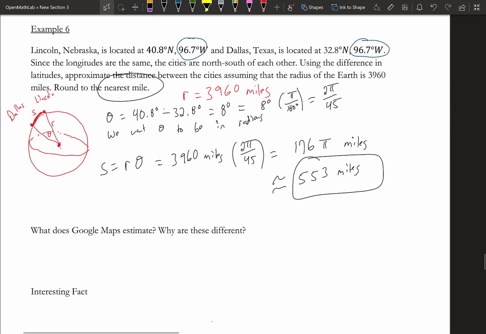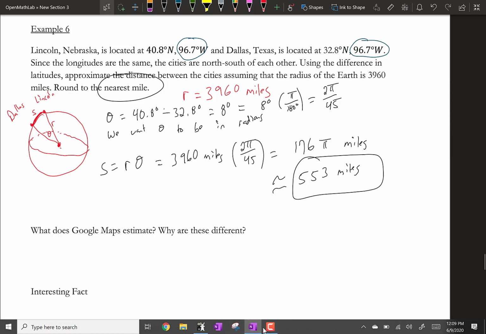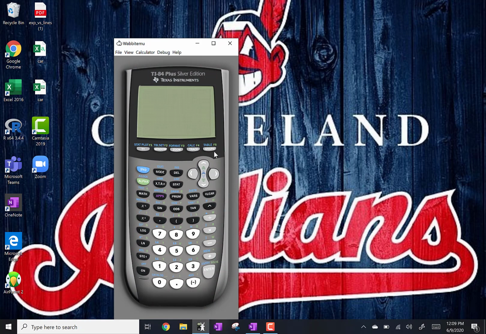Let me go into my calculator and show you how I'm getting these calculations pretty easily. To calculate S, I took 3,960 times 2 divided by 45. I'm not going to put the pi symbol in. That's where I get the 176 from, so I know that's 176 times pi.